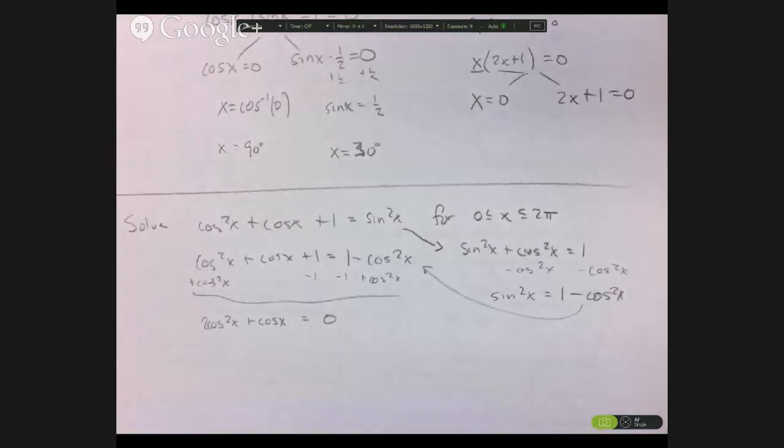And what can we do? Where did you get 2 cosine squared? Cosine squared plus cosine squared. Apple plus apple means 2 apples. Yeah, we're going to do that here in a minute. Pretty amazing.